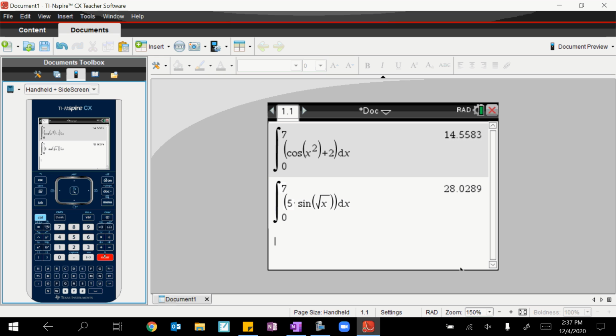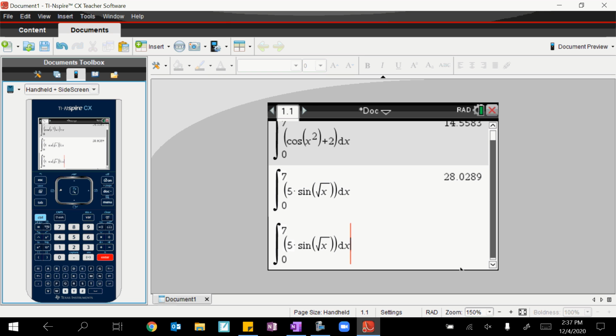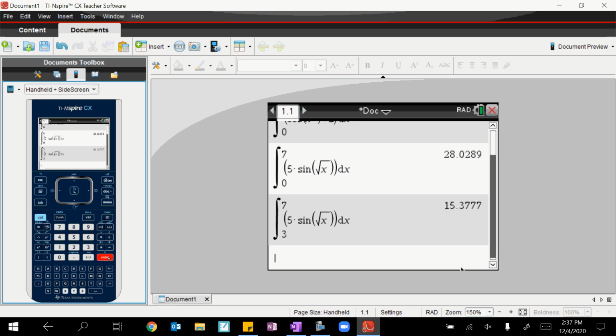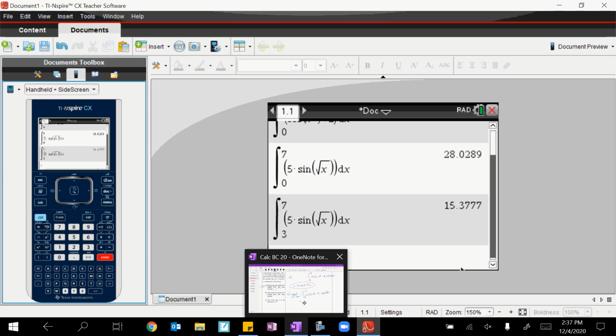No, I've made a mistake somewhere. Oh, it starts at time 3. Good news, we can just change up that one little number. We'll start at 3. There we go. My bad. See, this is why you got to read the question and pay attention to the context.